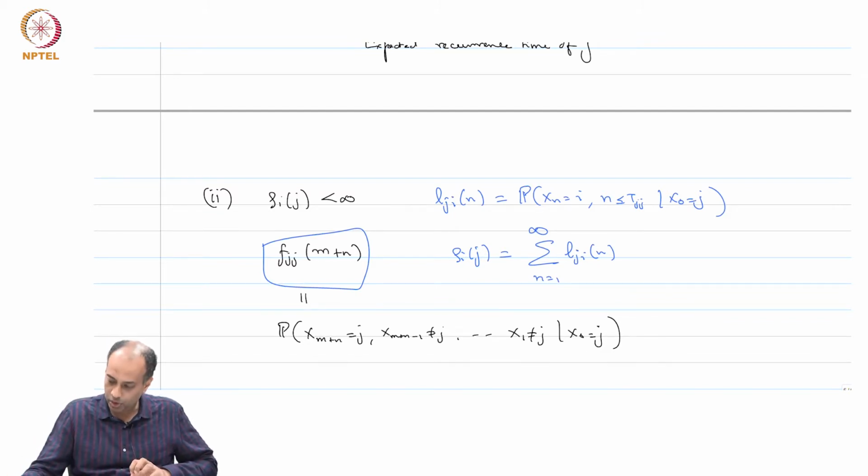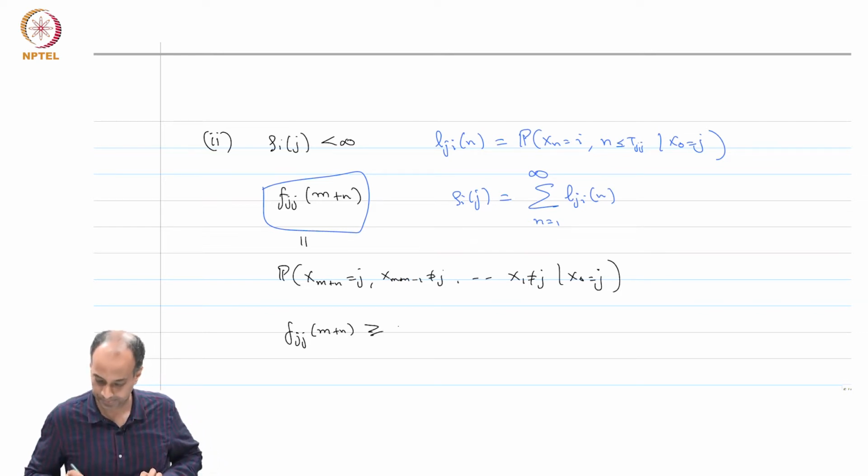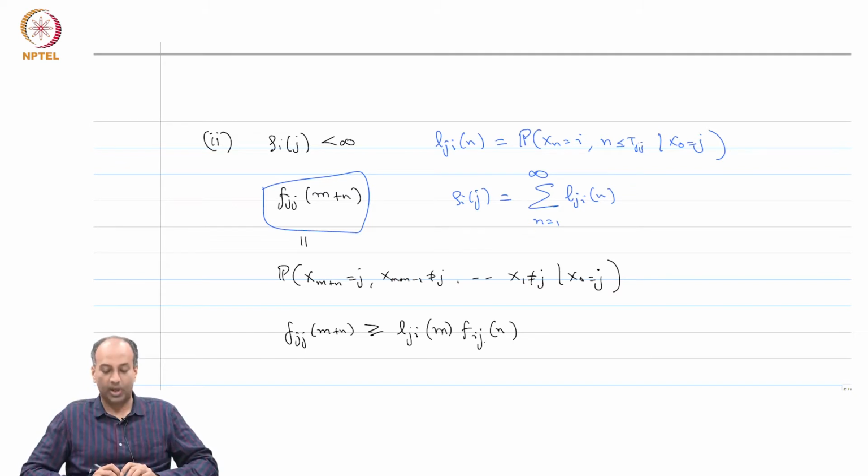Now, I am going to lower bound this: fjj of m plus n is greater than or equal to Lji of m times Fij of n. Now, why is this the case?